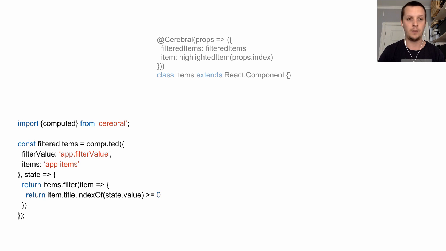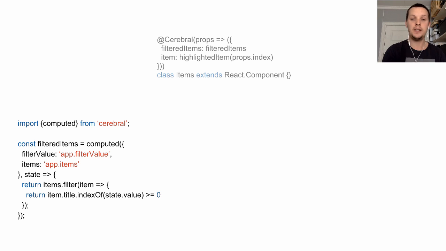So let's look at the first one, filtered items. The way you define it is to call a function called computed. And it works much like a component. You define it like you do with a component, and that is with an object. And you tell it what state it is interested in, and then you give it a function that returns the result.